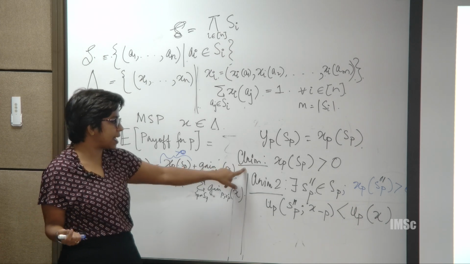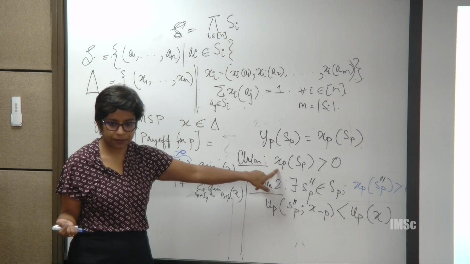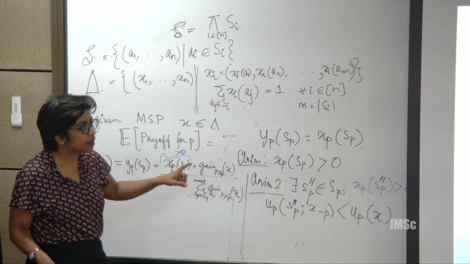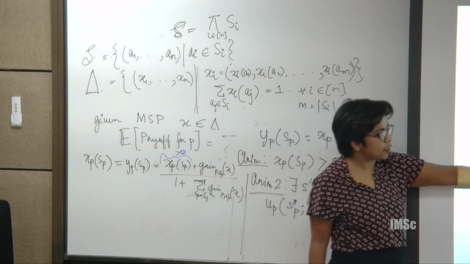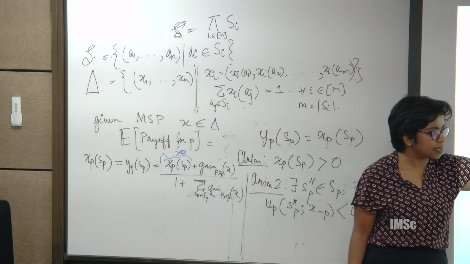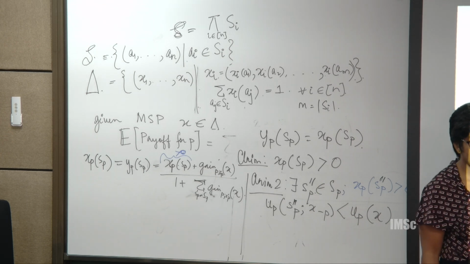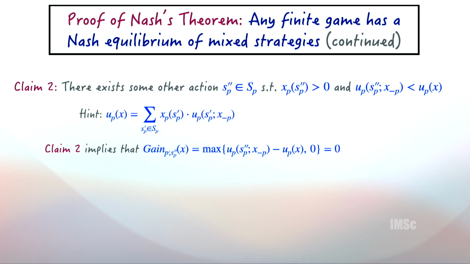So I know that this has to be at least greater than 0. But if this is greater than 0, the fact that this is the expected payoff for the player P for x tells me that the summations here need to basically balance each other. If there is a term here that makes it larger than this, meaning if the gain is positive, there has to be an action that brings the value down. Otherwise, this can't be the expectation.